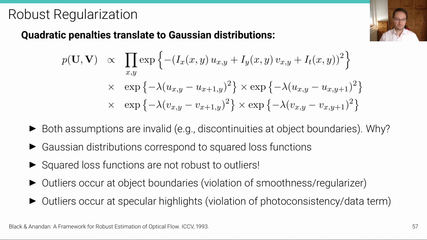These outliers occur at object boundaries because we have a violation of this squared smoothness regularizer. And they also occur for the data term. Think about non-Lambertian scenes where you have highlights which cause outliers, or if you have occlusions, for example.